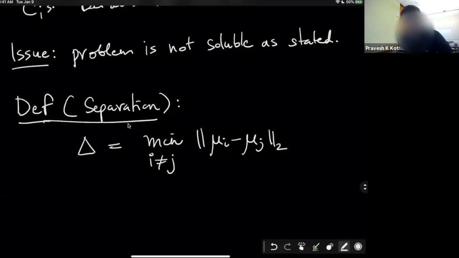Okay. And so what we just discussed means that if delta is zero, we are definitely not going to be able to solve this problem. We will not be able to find an approximately correct clustering. But in fact, you might imagine that even when delta is very, very small but non-zero, the same kind of objections will continue to stand. So there must be some lower bound on delta for this problem to be soluble.